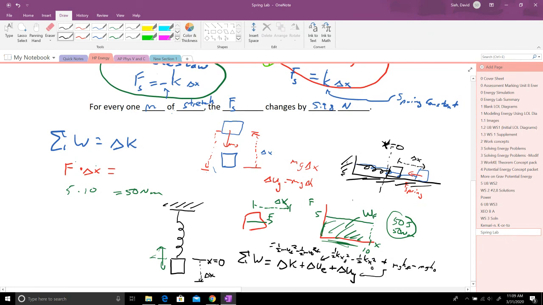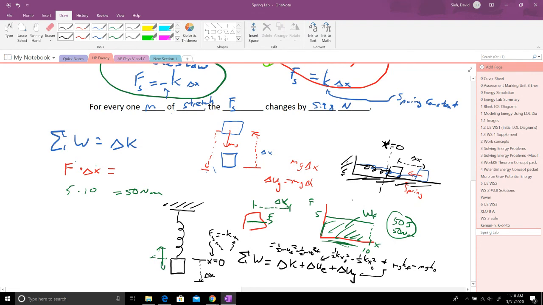This is just the position where the force of the spring is 0, because the force of the spring is negative kx. So when x is 0, that's when the force is 0. Those have to go together. And that's where there's 0 energy stored in the spring too.